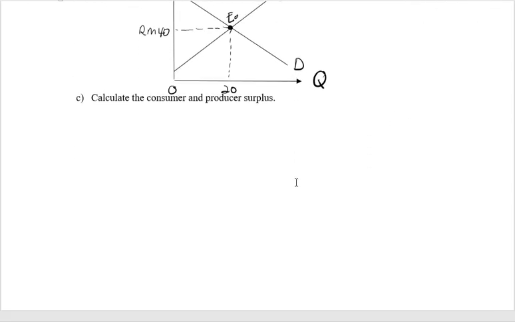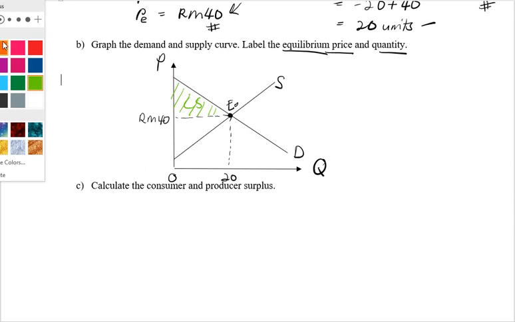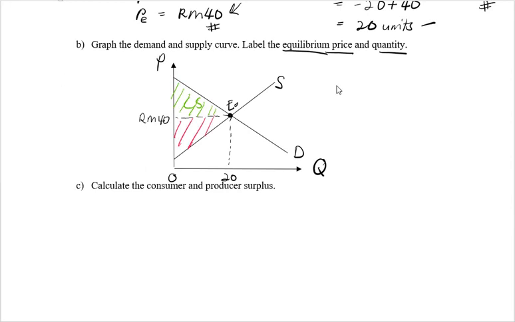Now let's look at question C. You have to calculate the consumer and producer surplus, meaning you are looking for the area of a triangle here. This is consumer surplus, and another one is the area for producer surplus. But you don't have enough information to find the triangle.